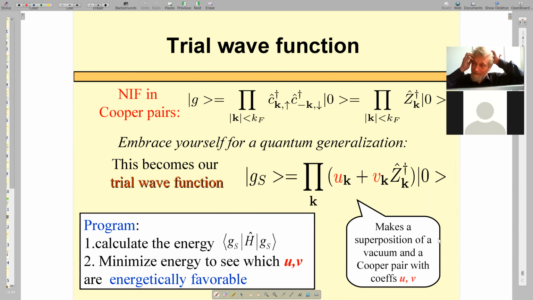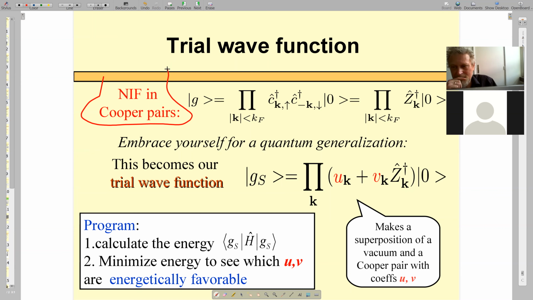Right. To understand this, to understand which superpositions are formed, let us first look at something which we know. Let us look at non-interacting Fermi gas and its ground state.